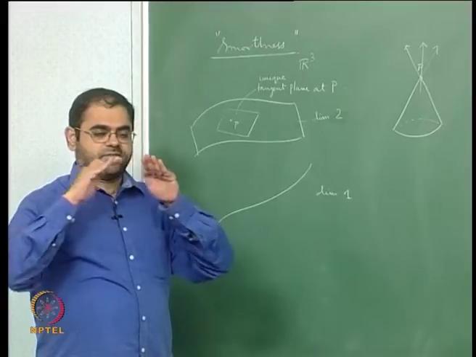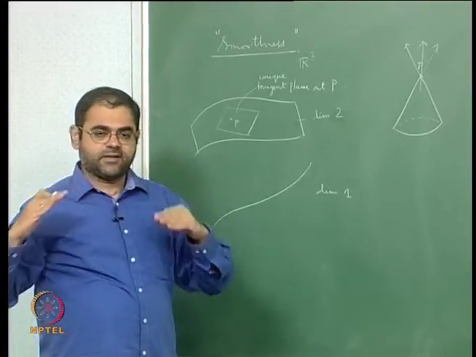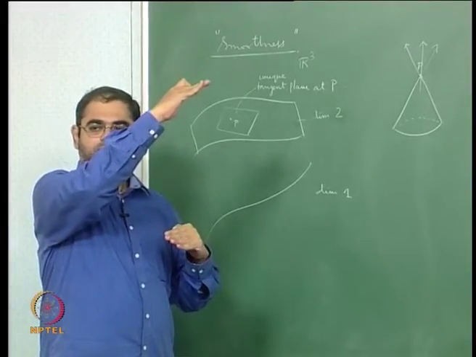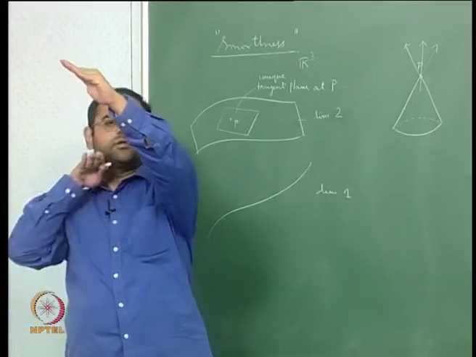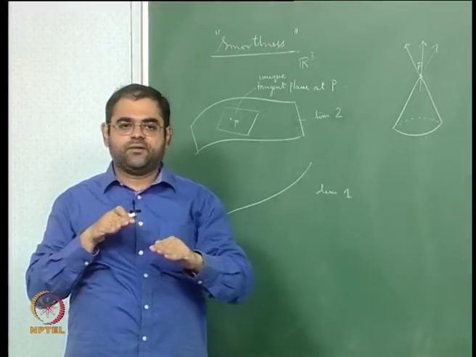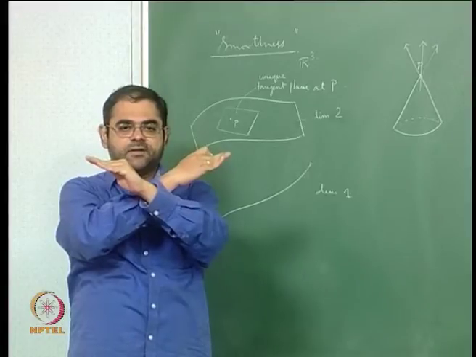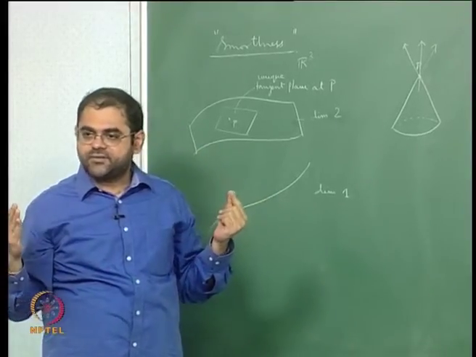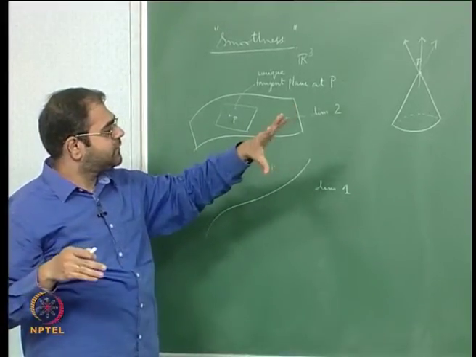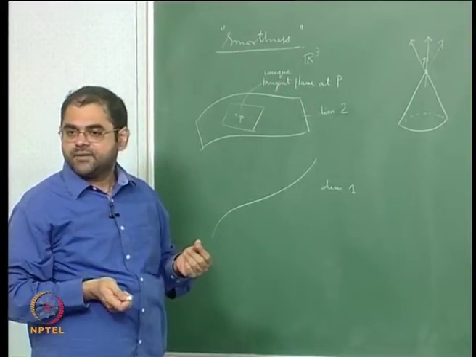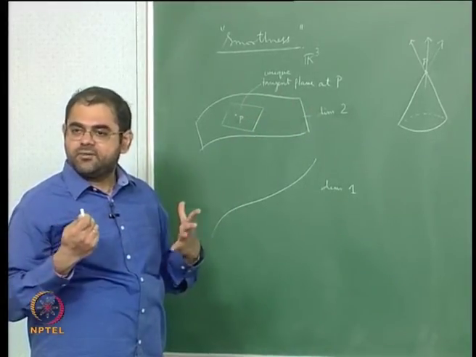So if the cone is like this, I can draw one like this, and then one like this, and then one like this. So I can easily draw three of them. I get three linearly independent vectors, and therefore if you take all such vectors, the space that they span will be R3.